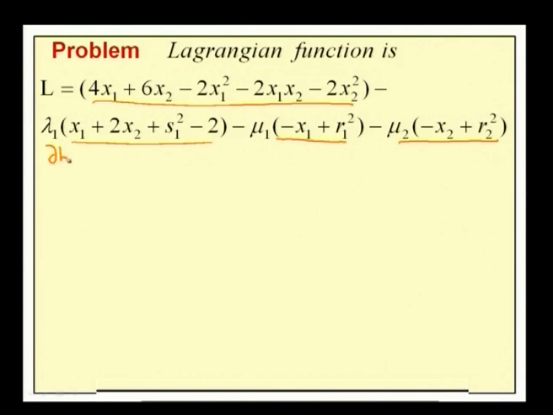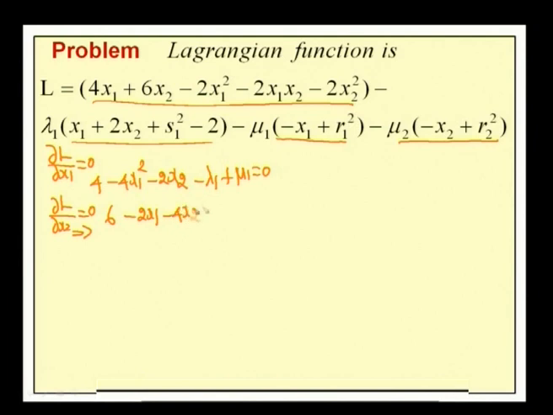So, the partial derivative of L with respect to x1 equated to 0 gives 4 minus 4x1 minus 2x2 minus lambda1 plus mu1 equal to 0.